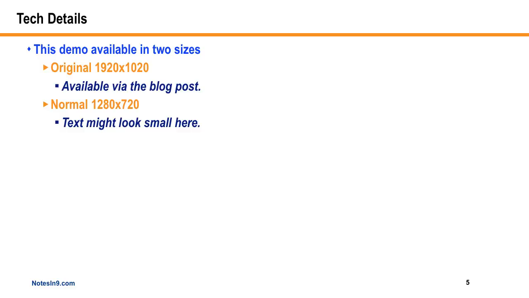So his video, the demo, the text may look a little small. So I'm going to put the original video, the 1920 by 1080, on my blog post. So if it's too small for you to read in this screencast, go to the blog post on Notes9 for this show, and you'll see a link to the original bigger version. And that may help you if you have trouble reading it.